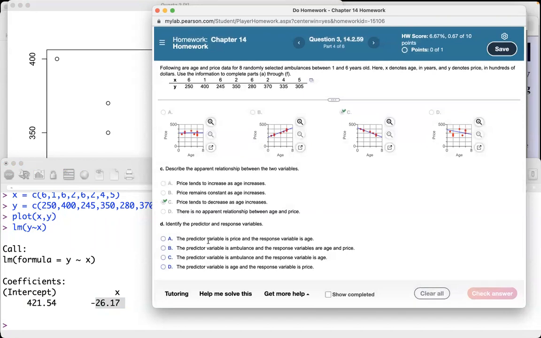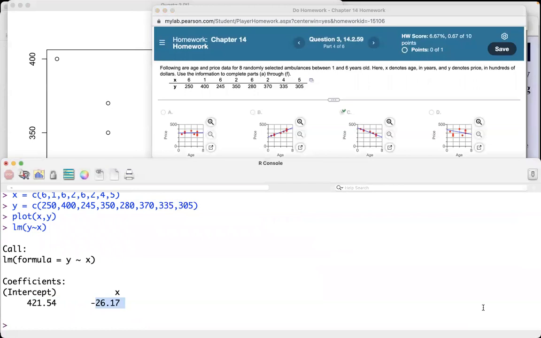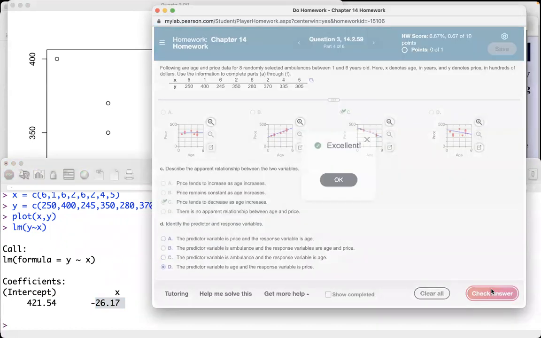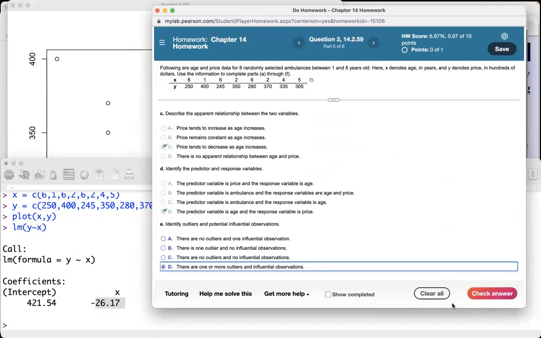The predictor variable is going to be age, and the response variable is going to be the price. Again, the predictor variable is the input, that's your X, and the response variable is your output. It doesn't look like there are any outliers. There are no outliers.